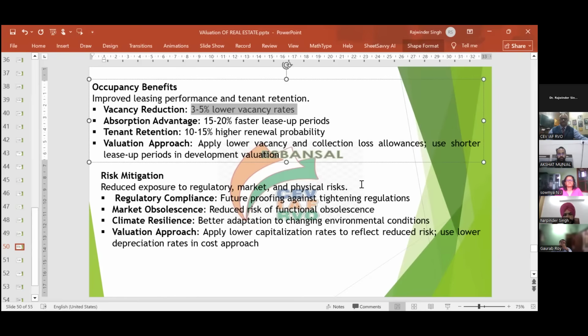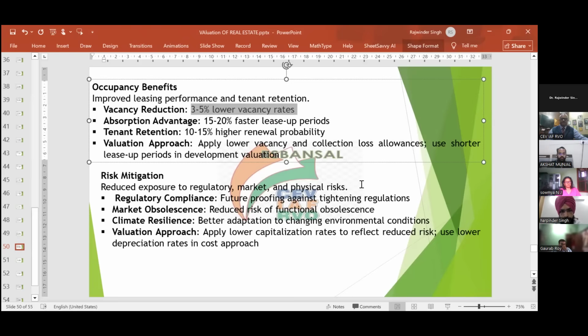So basically, what will happen? What is vacancy? When you have a building which is being given on rent, maybe a certain portion of the building will remain unoccupied. That is called vacant or vacancy. In case of green building, these vacancy rates will be reduced by 3 to 5%.